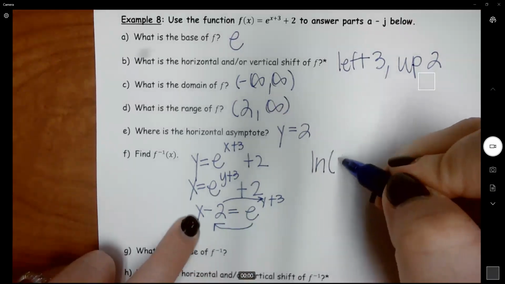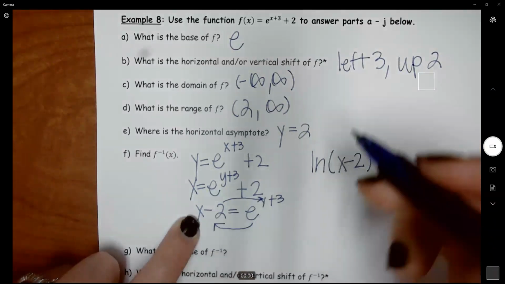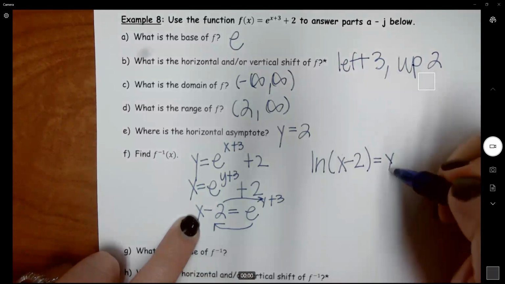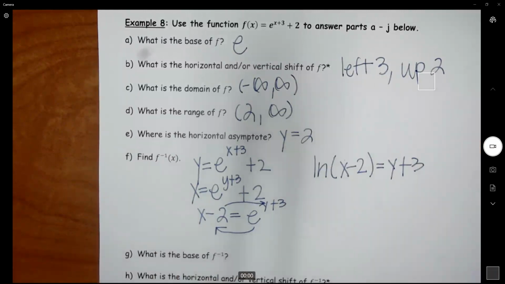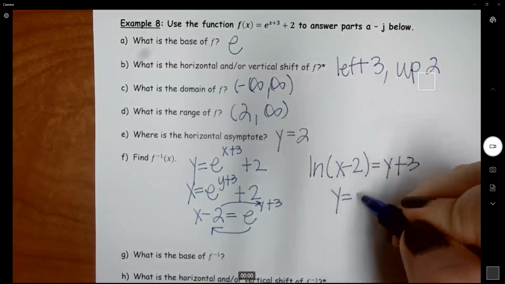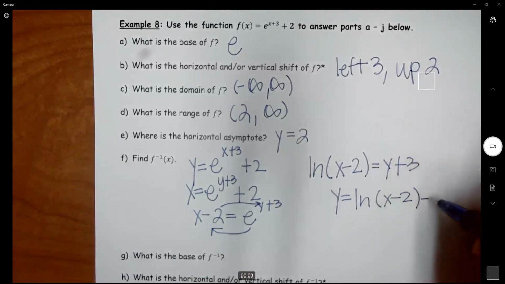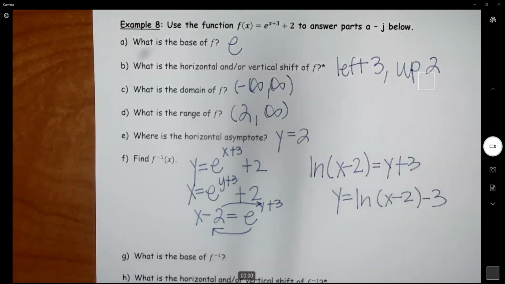Base to equals, and then to my exponent. And now my last step to solve for y is to subtract that 3 over. So we get y equals the natural log of x minus 2, minus 3.